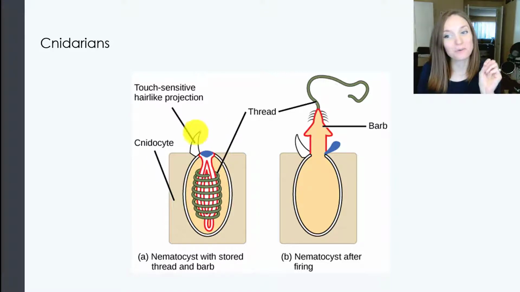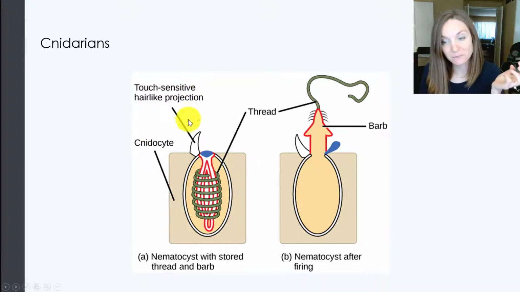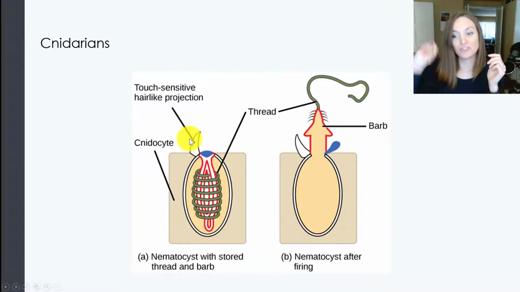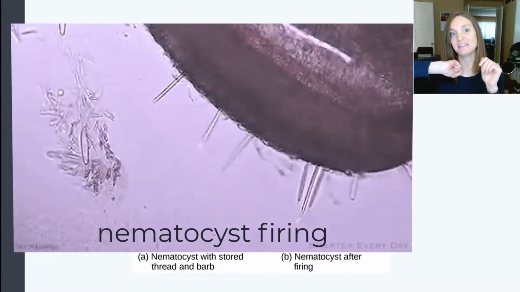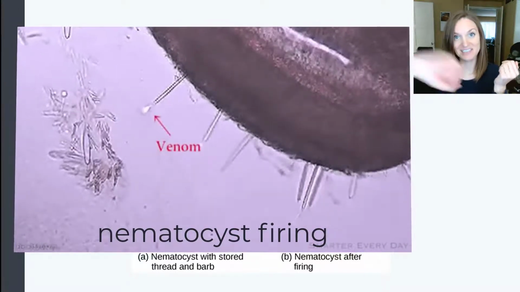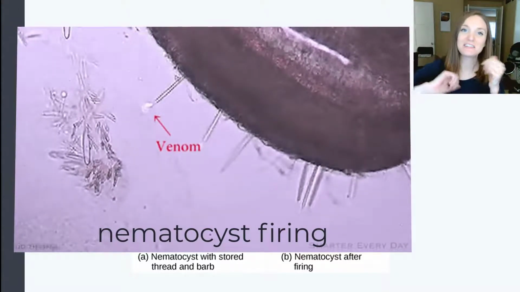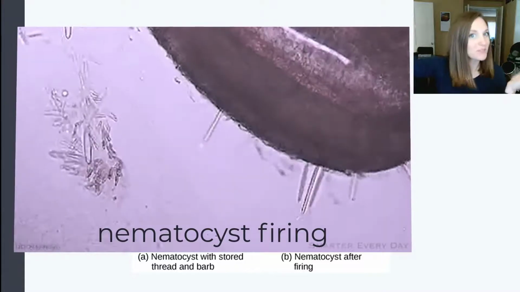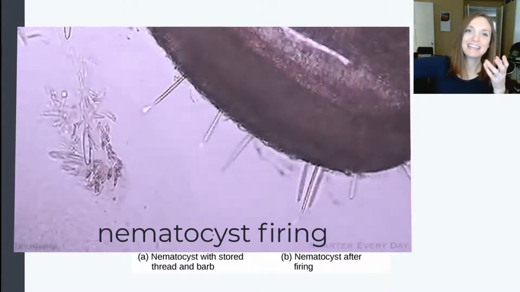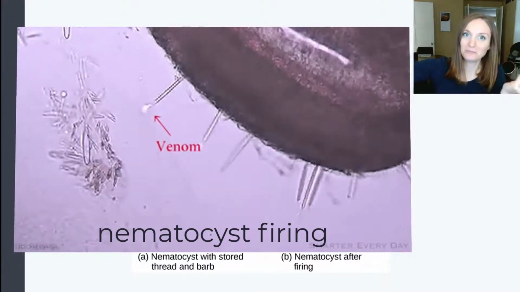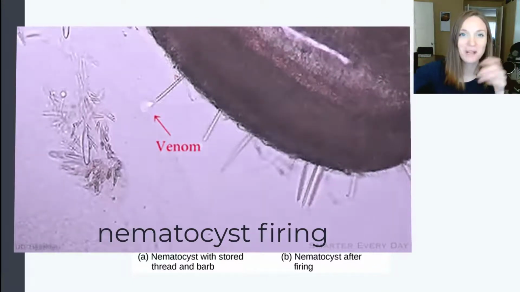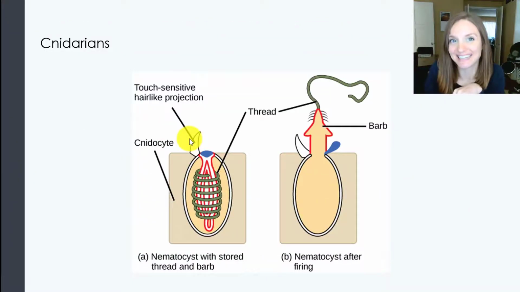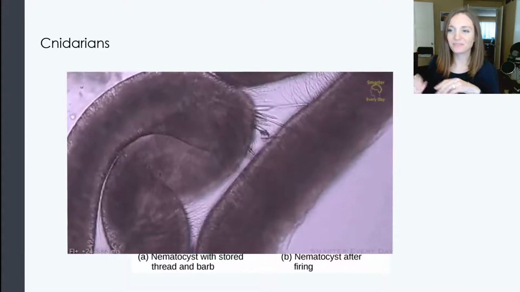These harpoons are sometimes laced with venom or toxic substances, and they can be injected into their prey to grab onto it, sometimes deliver poison, and then the prey will die or become paralyzed, which makes it easier for the cnidarian to live.